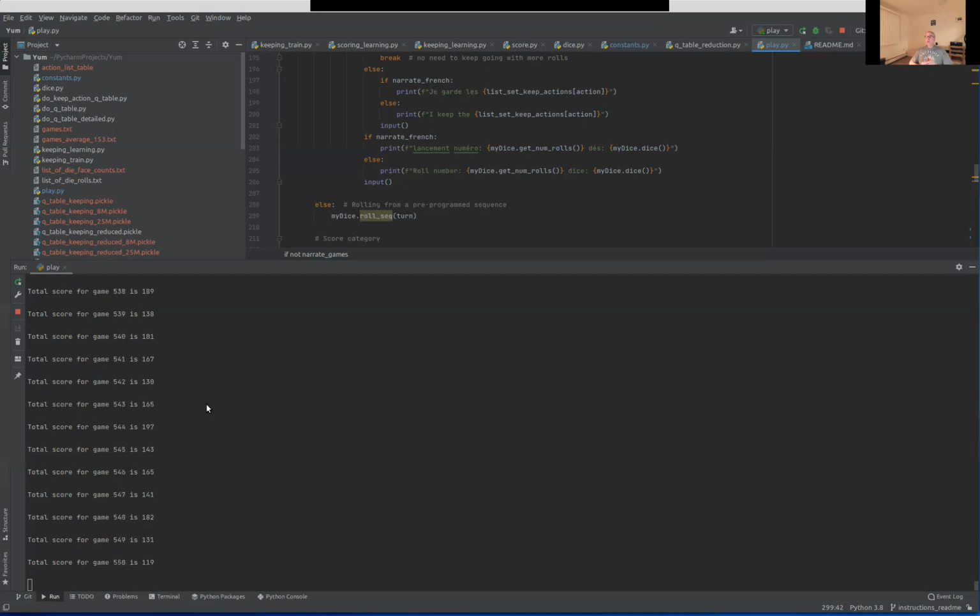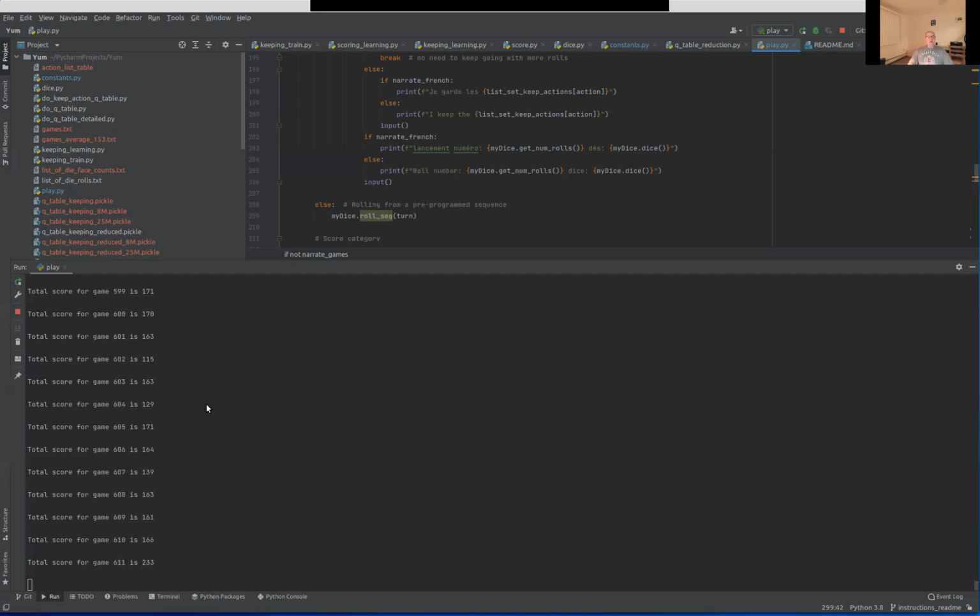So you've got two distinct Q tables that, by the way, both need to be trained individually. So in the code here in the repo that I'm about to release publicly, one of the instructions I give is that if you want to do a training yourself, and regenerate different Q tables, you're first going to want to train the scoring table, and after that you're going to want to run the training on the keeping.